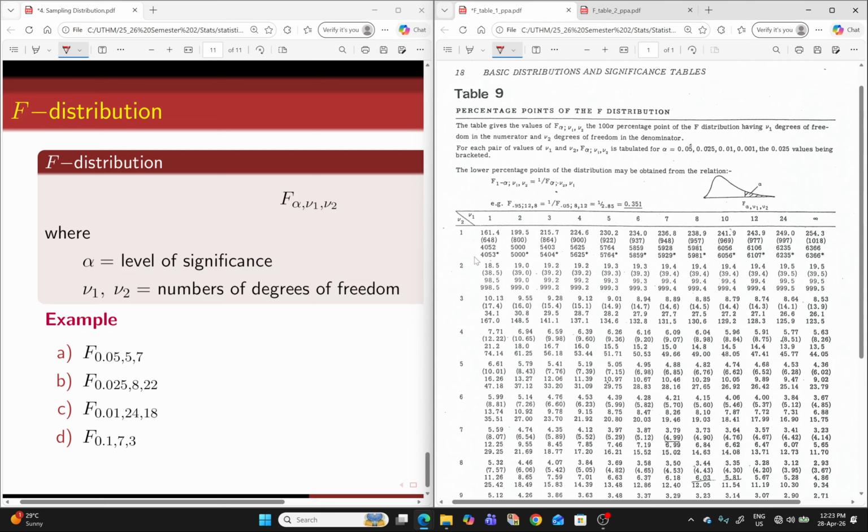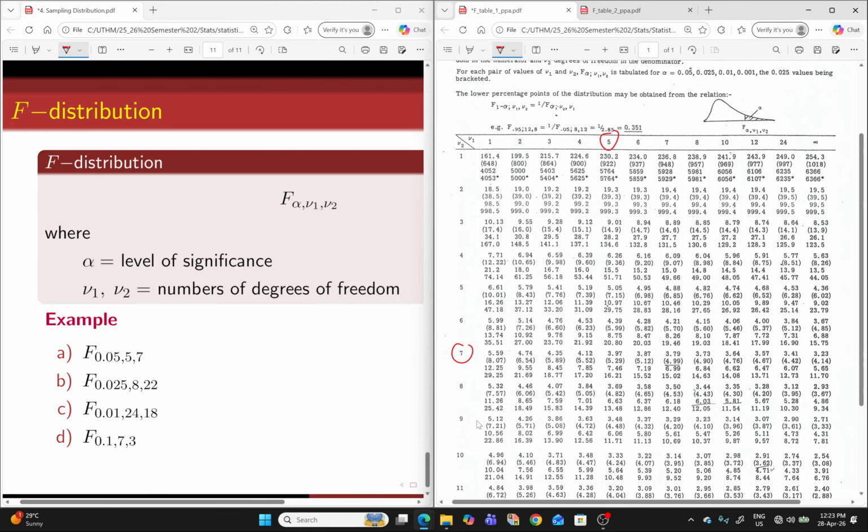Can you understand? Identify your V1 and V2, not F. Sorry, V1 and V2. Where are they? Okay, here V1 is 5, V2 is 7. 5 and 7.